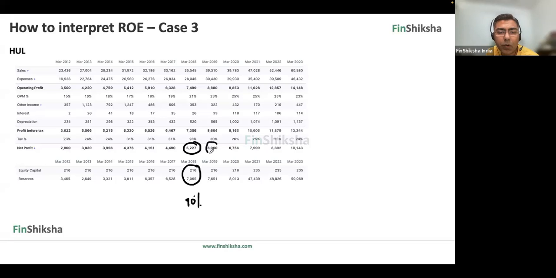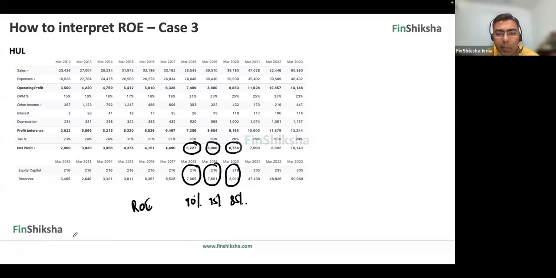Next year, 6,000 crore profit, about 7,800 or 900 crore equity. So 75% ROE if you just calculate it. Third year, 6,700 by 8,000. So you'll look at about 85% ROE. Correct? Look at what happens here.